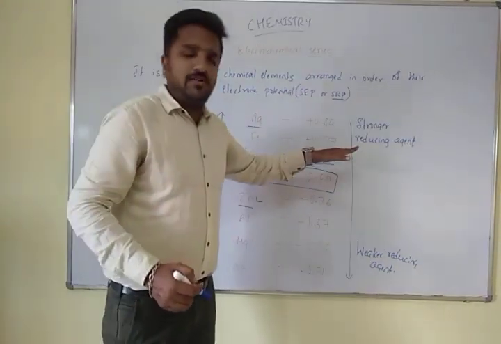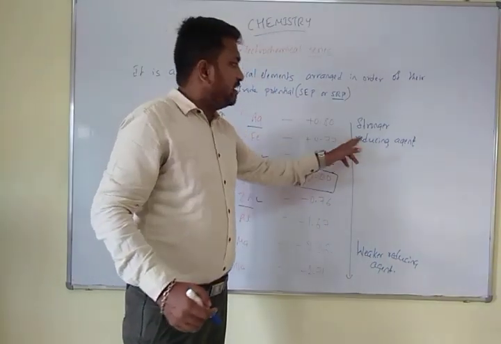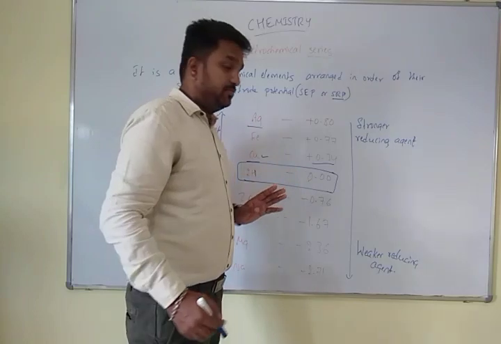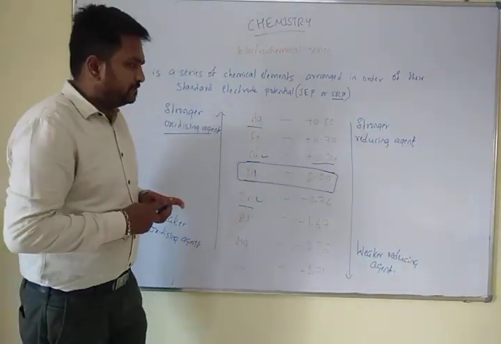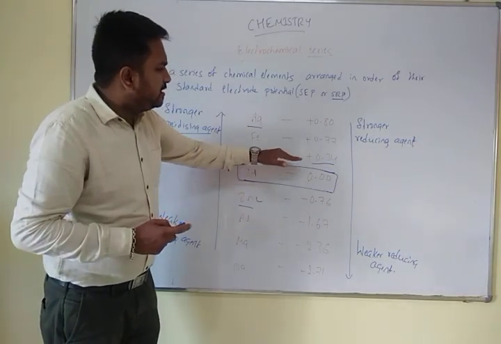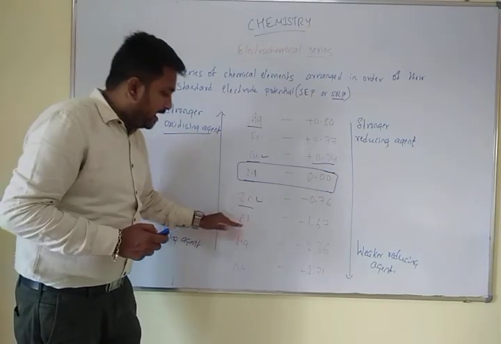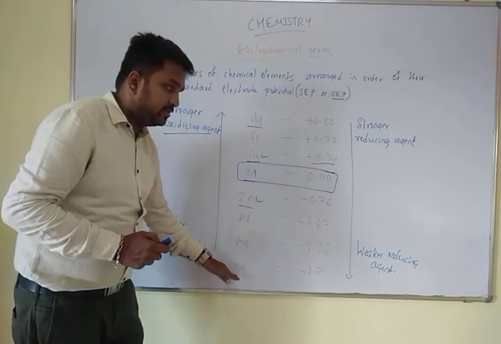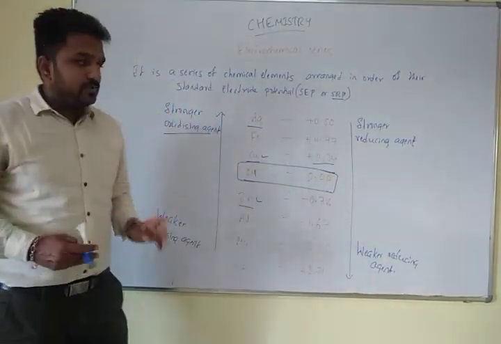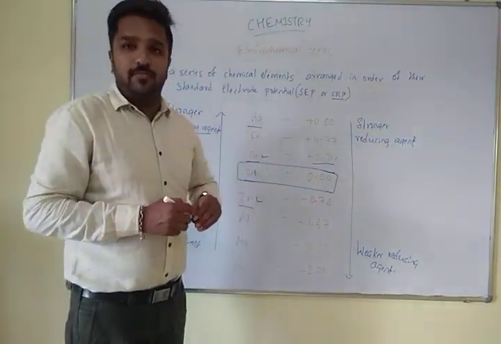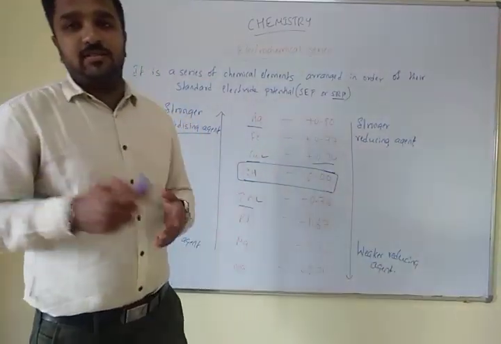In the same way, opposite to this, as you go down the order, the reducing agent becomes stronger. So if you take hydrogen as 0, copper, iron and silver are good oxidizing agents, whereas zinc, aluminum, magnesium and sodium are good reducing agents. Clear? This is the concept behind the electrochemical series. We can study more regarding this electrochemical series in the further classes.